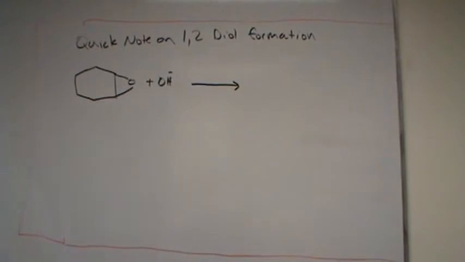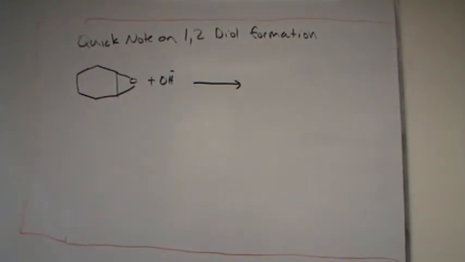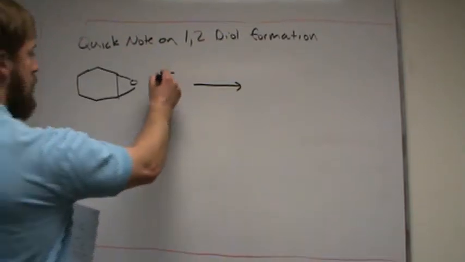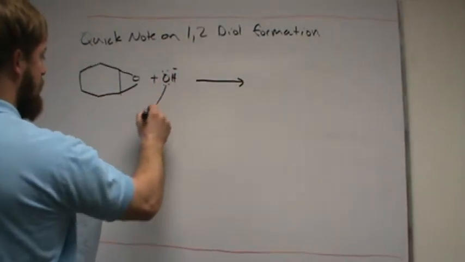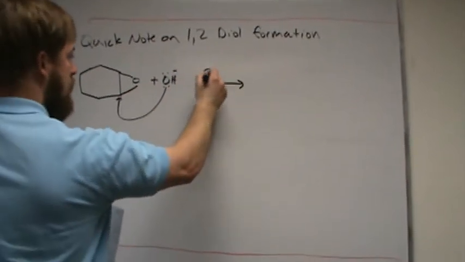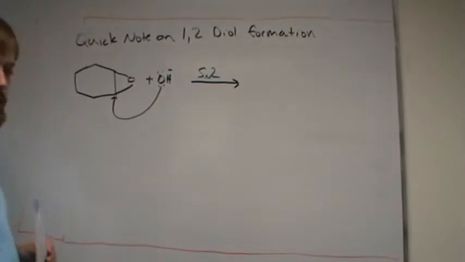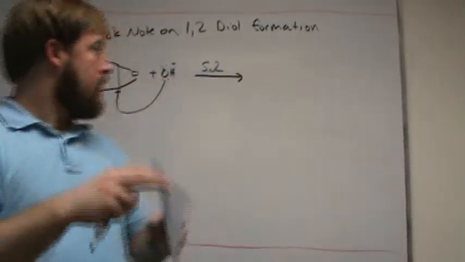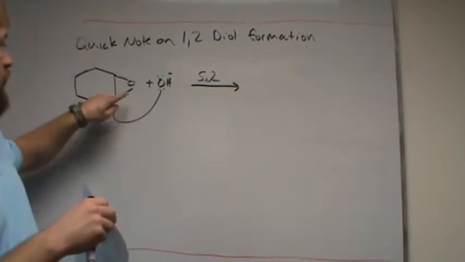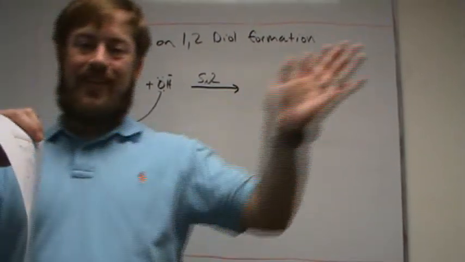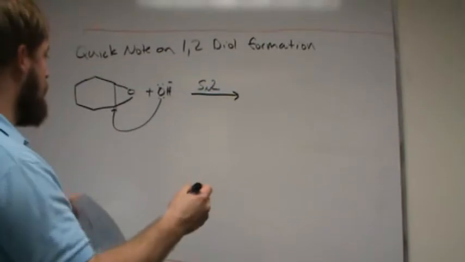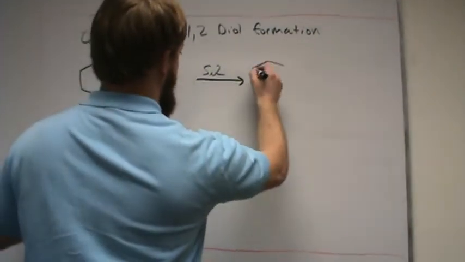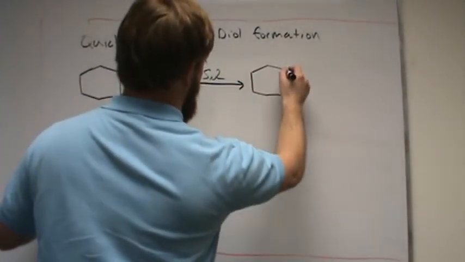If it's hydroxide, I'm not under acidic conditions, so it's going to be SN2 chemistry. The nucleophile will attack 1 carbon. If it's SN2, it's going to be backside. If it attacks 1 carbon from this way, the bond that breaks is pushed the opposite. So I would get trans diols.